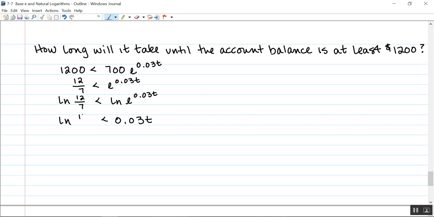And then dividing both sides by 0.03, I will have that t is greater than the natural log of 12 over 7, divided by 0.03. Again, use lots of parentheses in your calculator or just do it one step at a time, and t is greater than 18 years. So it'll take at least 18 years with that principal deposited at that interest rate in order to get $1,200.